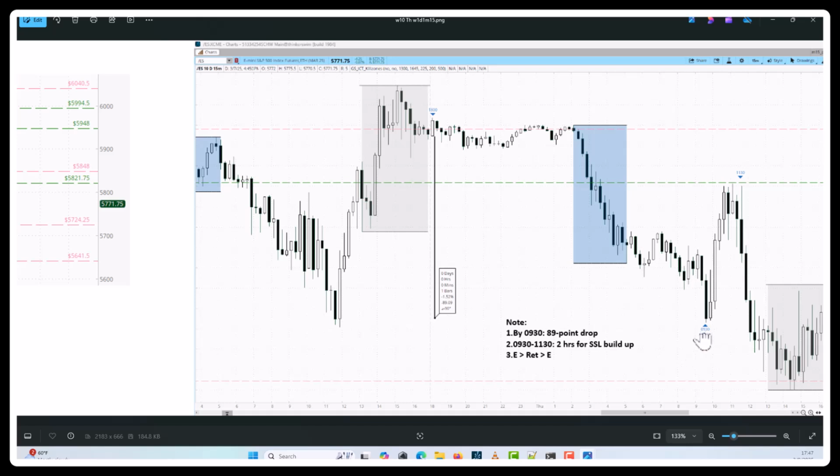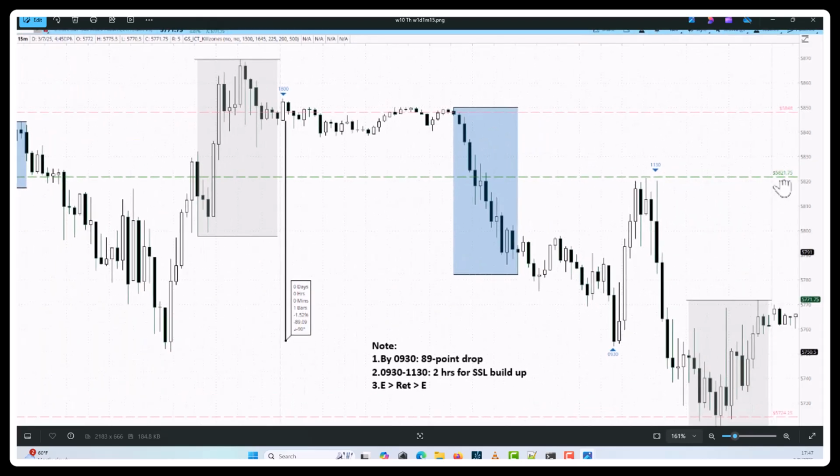And then we can see that from 9:30 to 11:30 is 2 hours for the algo to build up the sell cycle. And then boom, it's going to make a second leg down, and it fits into the pattern of expansion. This is just a retracement, then boom, expansion. So it never broke the level 21. So that tells us it's just a retracement, boom, ready for the next leg down.